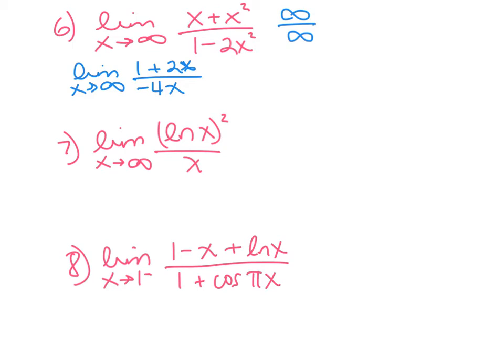So guess what? We can go again. If when you apply L'Hopital's rule a first time, you still end up with that indeterminate case of 0 over 0 or infinity over infinity, you can go again. And so now we apply the same rule again. Limit as x approaches infinity of the derivative of the top is now 2 over the derivative of the bottom is now negative 4.